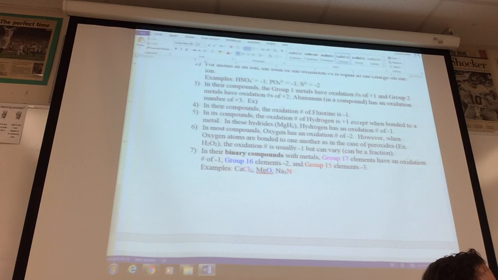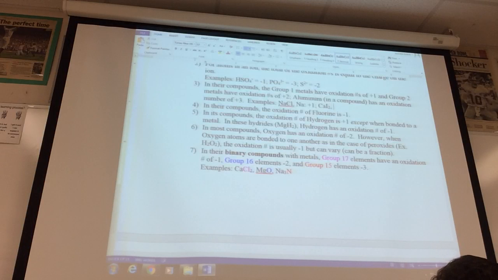Let's say that we had sodium chloride. So the sodium would have an oxidation number of +1. Let's say that we had calcium iodide.